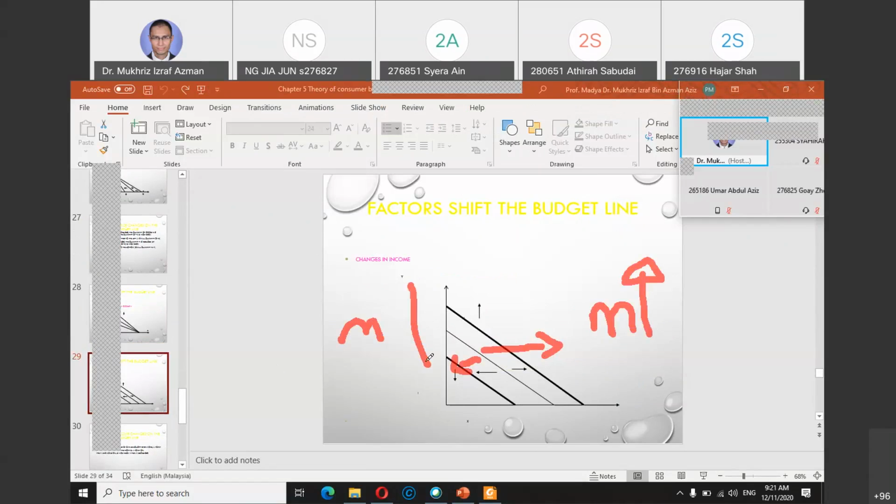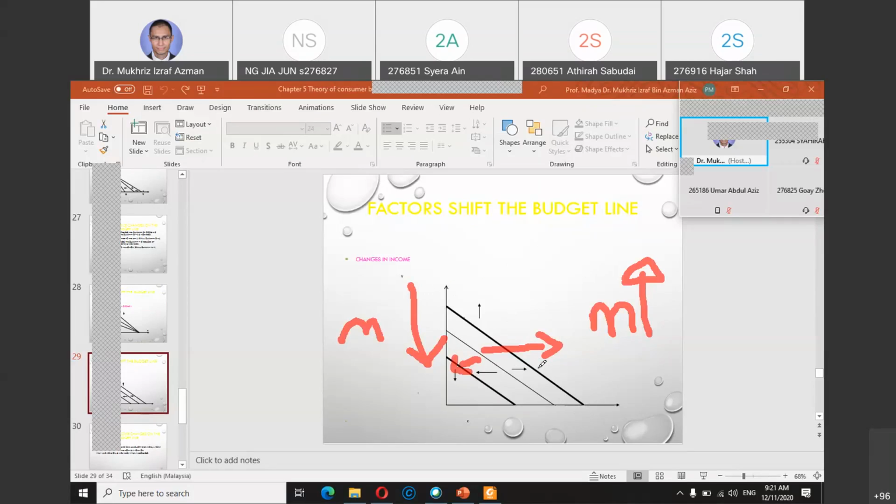You can visualize this mathematically, because the intersection points are calculated as M over Px and M over Py. So when M increases, and the prices of good X and good Y remain unchanged, because the numerator has increased, both intersection points will shift parallel.